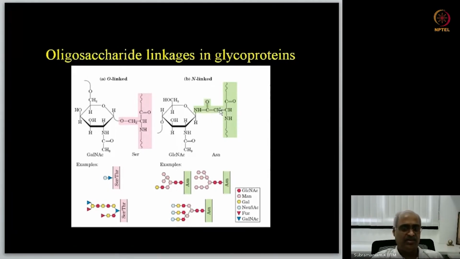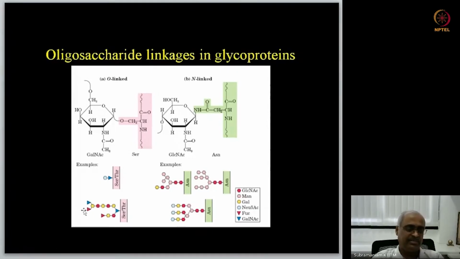Asparagine has CH2, CONH2, and that is in linkage with the anomeric carbon. Here you have N-acetyl glucosamine. It need not be this particular carbohydrate moiety alone; it could be any, but the point is this is an N linkage via asparagine. Here it is an O linkage via serine or threonine. These are the kinds of linkages that we see in glycoproteins.